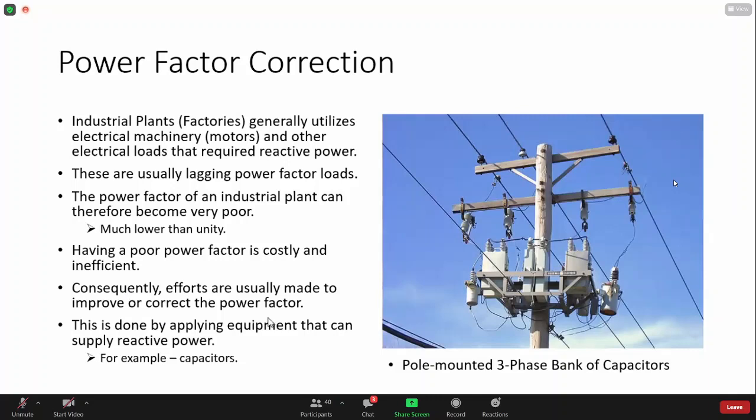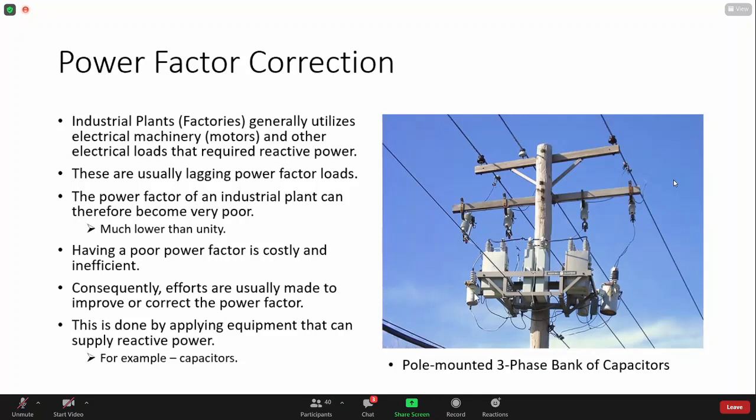All right. Now, one piece of equipment that is used is a capacitor. All right. And I'm showing you some capacitors. So this will be a bank of 3 capacitors on a power line. These cylindrical cans are transformers.